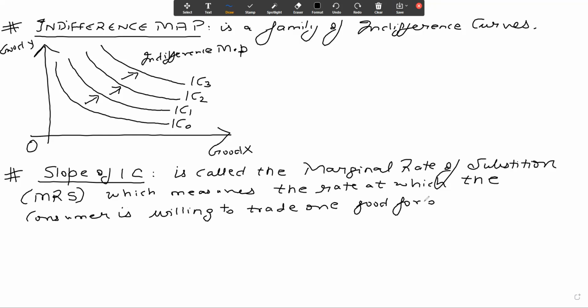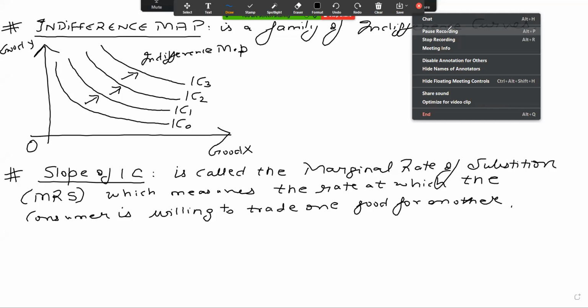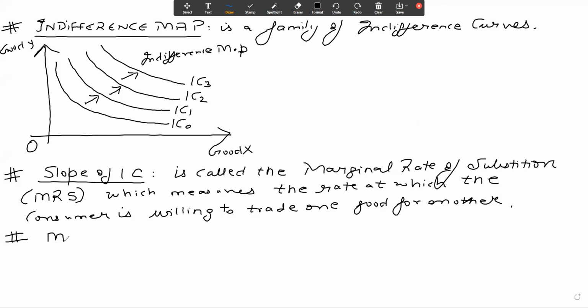So the marginal rate of substitution, also called the slope of the indifference curve, measures the rate at which the consumer is willing to substitute one good for another. Now, an important point to understand here is that MRS itself is a variable.